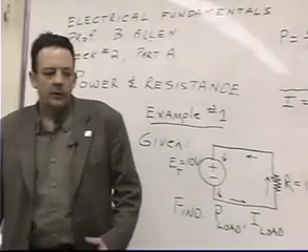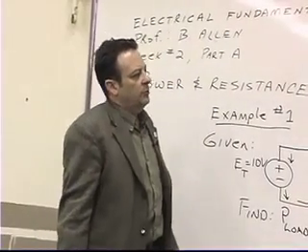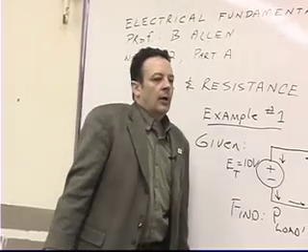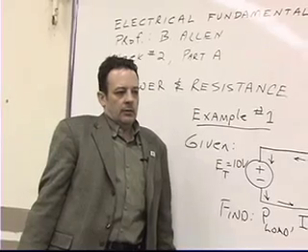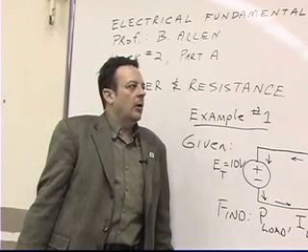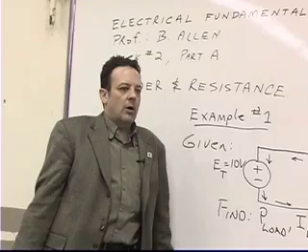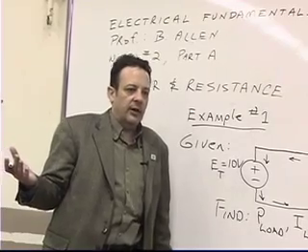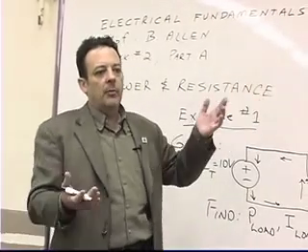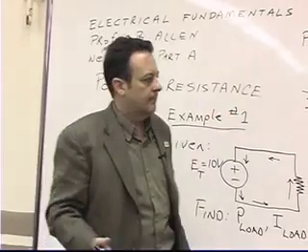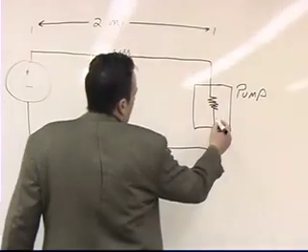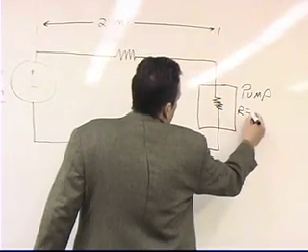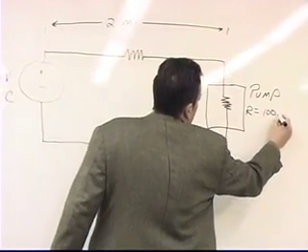Now, what we want to do is figure out how much money we're wasting in locating our DC generator, or our photovoltaic solar panels in this case, 2 miles away from the pump. Okay? Let's say that our pump has a resistance that's equal to 100 ohms.